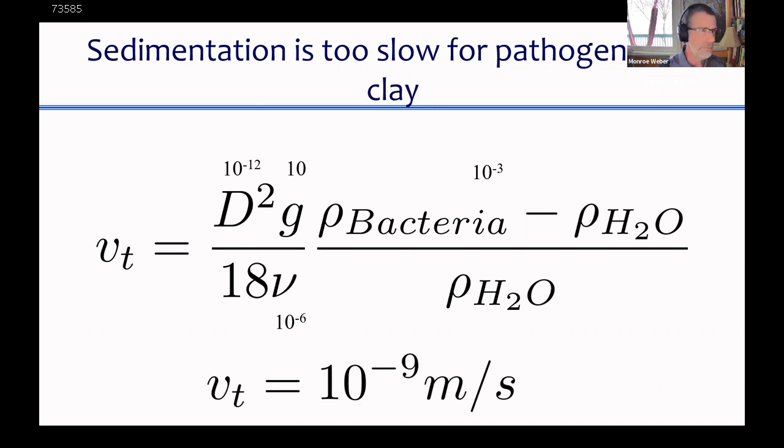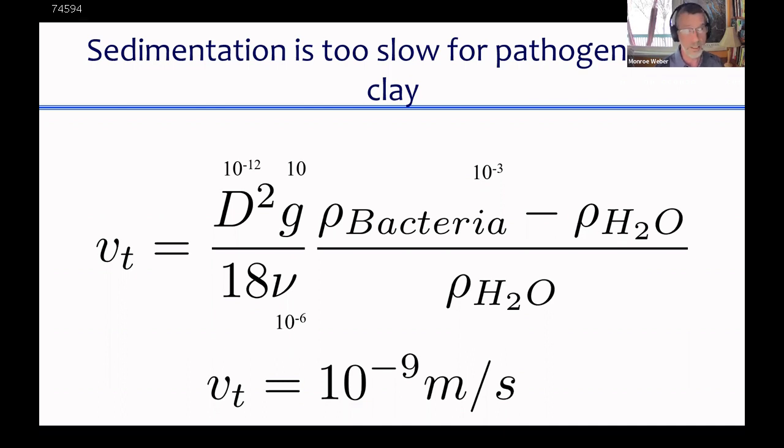And there's another problem, and that is when you are settling this slowly, there are other things happening that are moving you around randomly that are going to end up mixing you back up. And that is something that we have no experience with as humans at our scale. But at the scale of a bacteria cell, you notice it when you get hit by a water molecule. And you actually move a little bit every time you get hit by another water molecule.